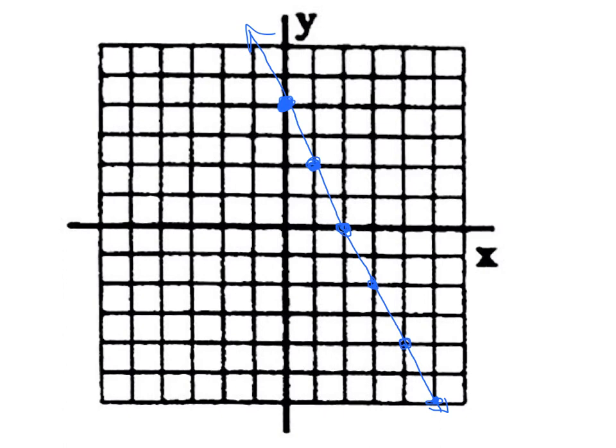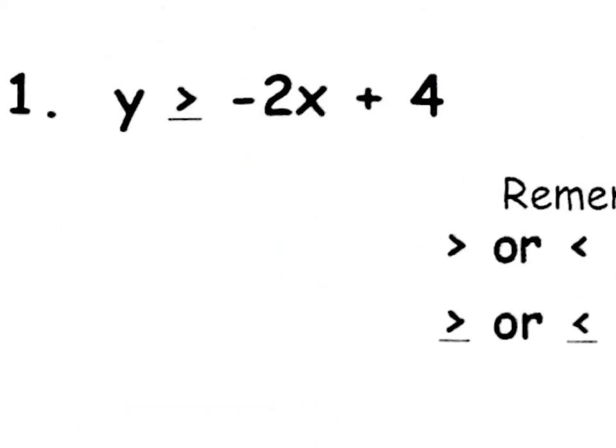There we go. Like I said, you're going to get in the habit with inequalities of drawing arrows coming off of your line going in both directions. And now, look at your inequality sign. The inequality sign is a greater than.